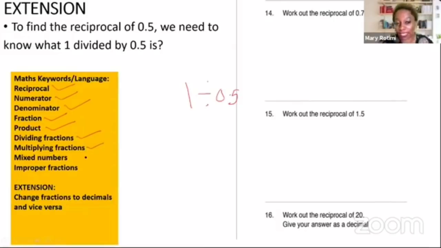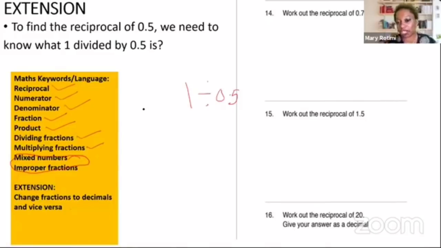You're remembering what I say: just multiply the top and the denominator, something like that, okay? So we are here now. This one here, we'll talk about in a moment. But this one, change fractions to decimals and vice versa, is what we're doing right now. These are all key in maths. They're not difficult if you put your mind to it, guys. And I really want to push that boost. And that's why I'm doing what I'm doing, okay?